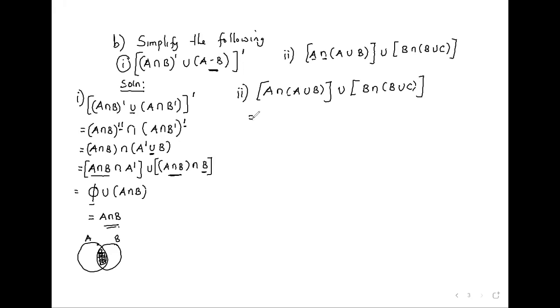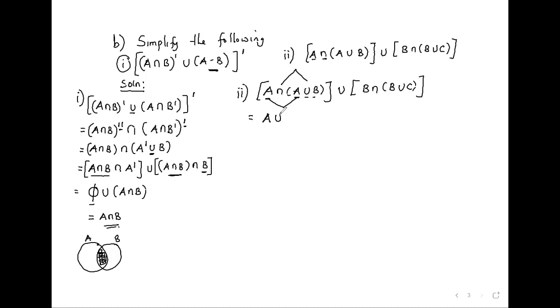Look what happens. A intersection A union B. If I have two different operations, intersection and union, and one set appears twice, then that set absorbs the two sets that we have there.